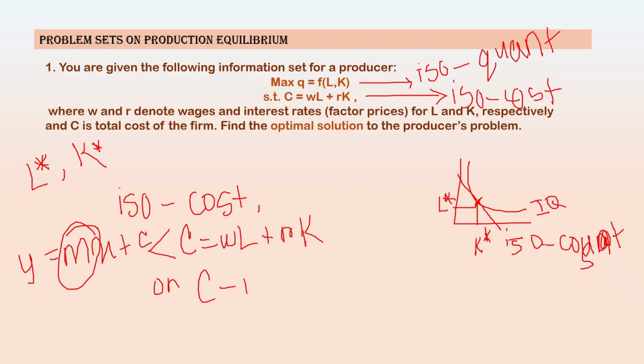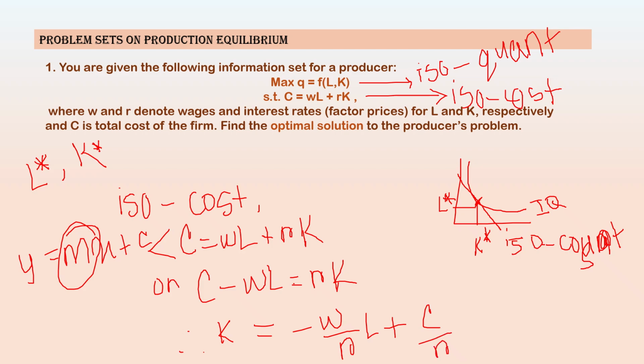C minus WL equal to RK. Therefore, K equal to minus W by R L plus C by R. And this right here is our slope.